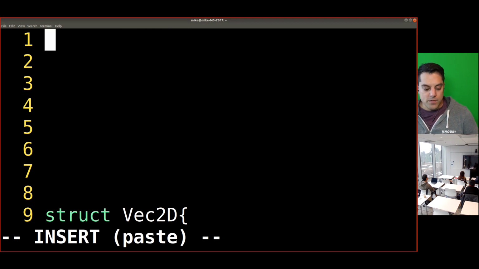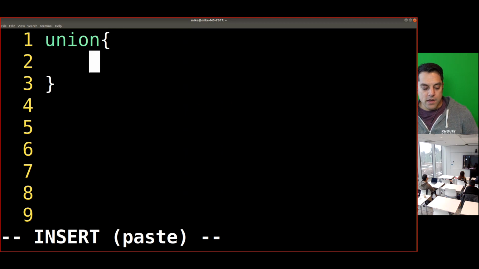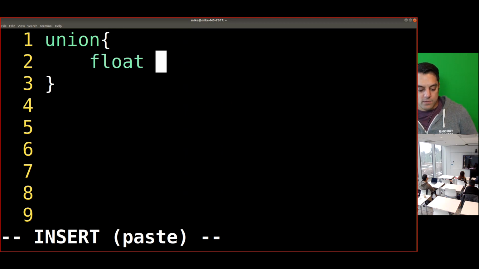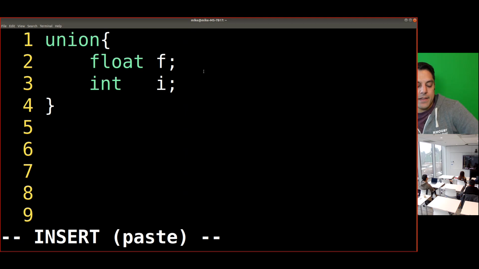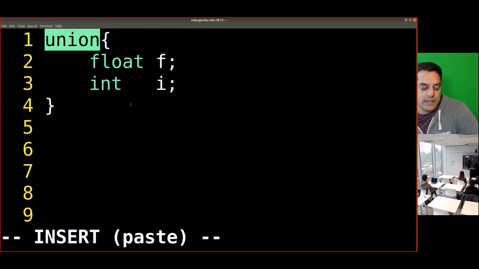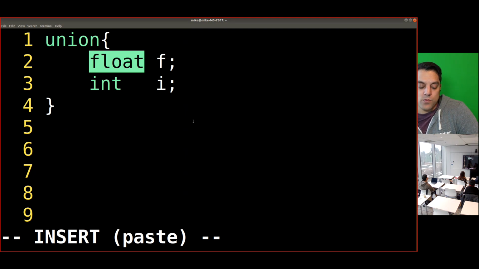Let me simplify this even more. Let's just say I have float f here and int i. A union is not a class and it's not a struct. Basically, it takes one form or the other.